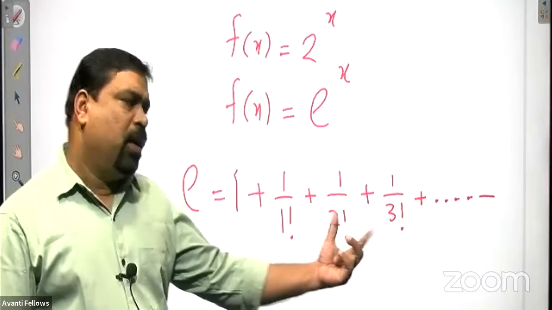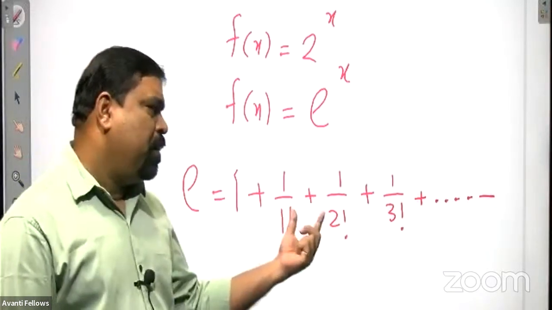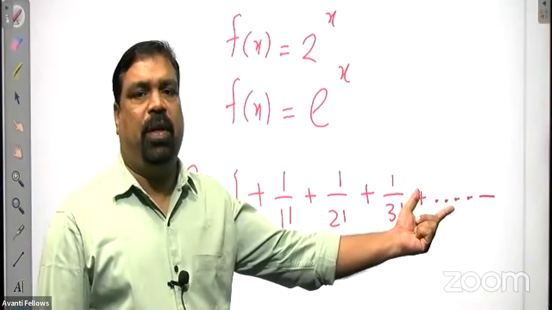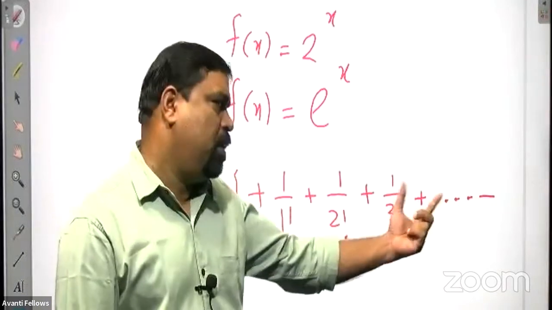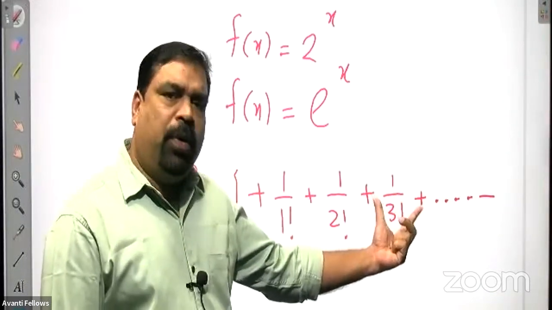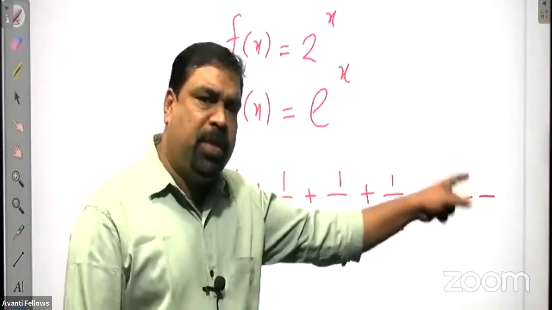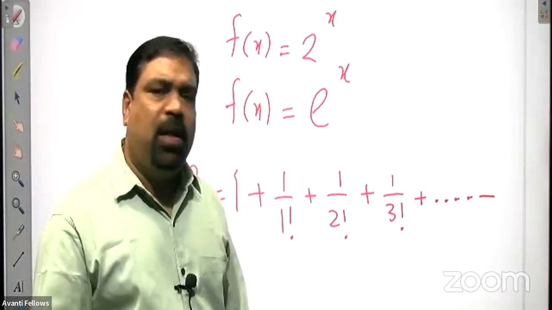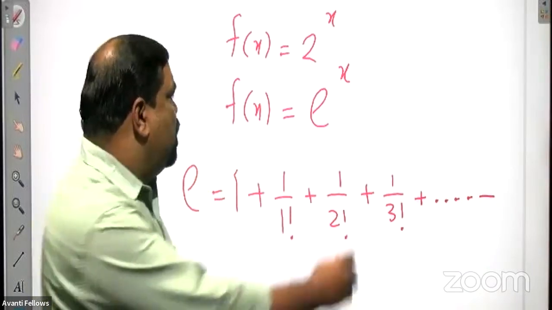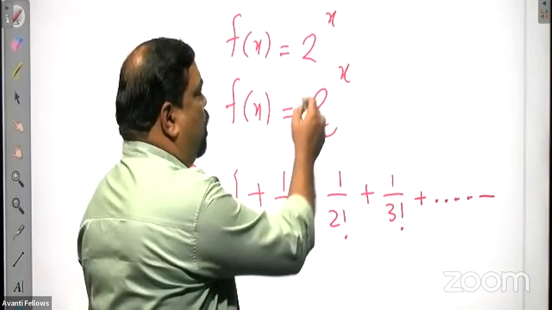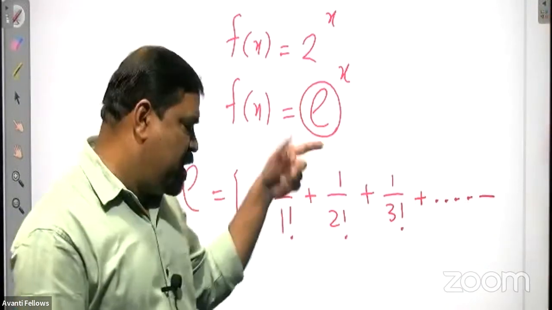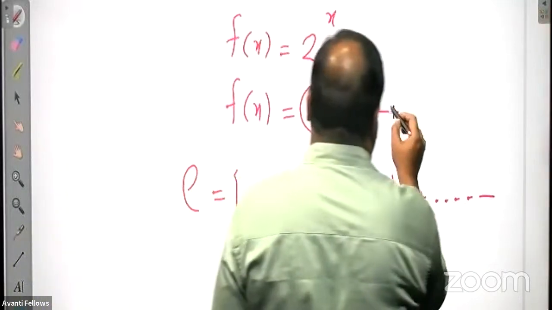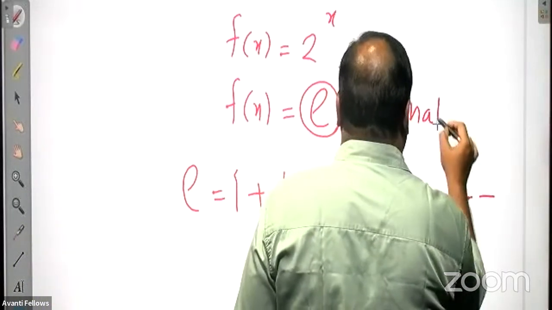This series converges to a number, and the limit where it approaches is called e. That e is the base of the exponential function, which we call the natural exponential function.